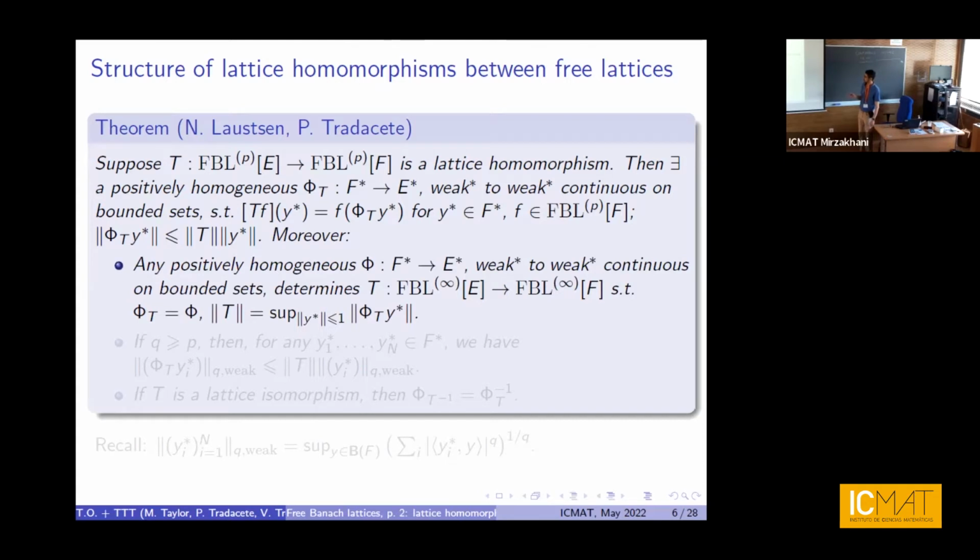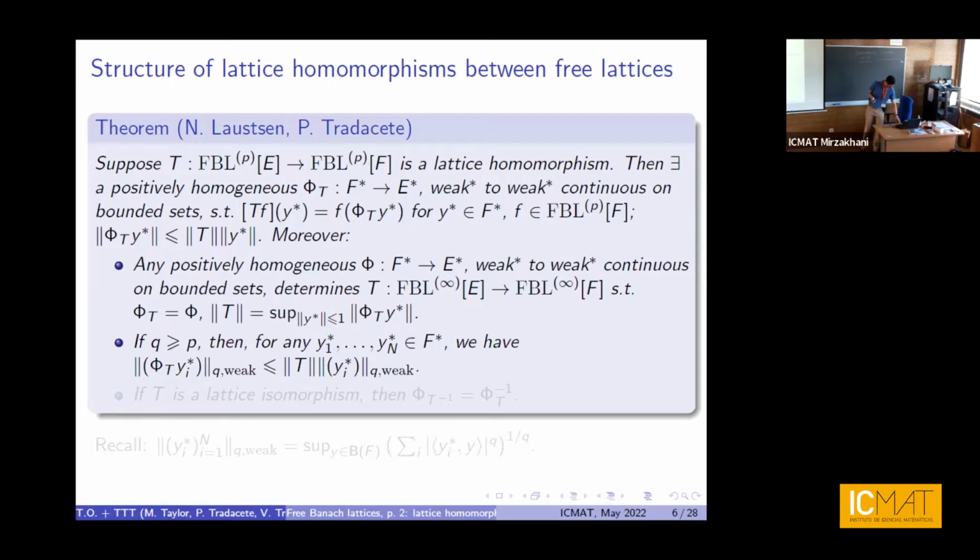So first of all, if p is equal to infinity, then the converse is also true in the sense that if you have a weak star continuous map on bounded sets, say phi, then it will determine a lattice homomorphism. So there will be a lattice homomorphism T, so that phi_T is phi. So the composition with phi gives you a lattice homomorphism.